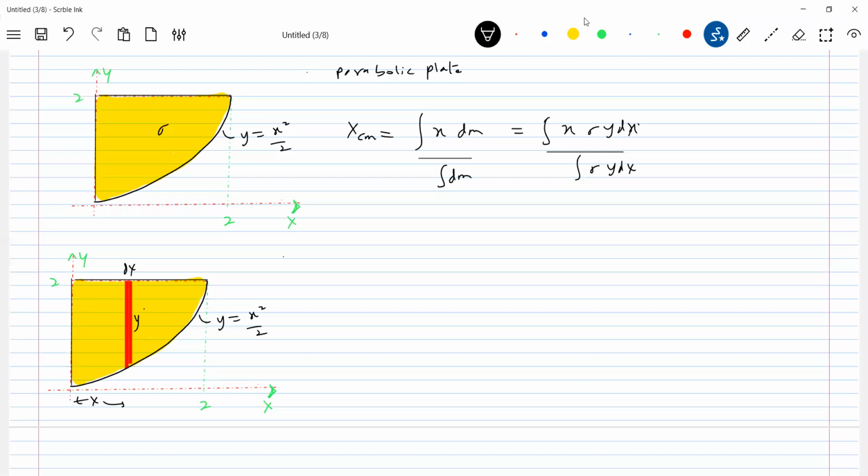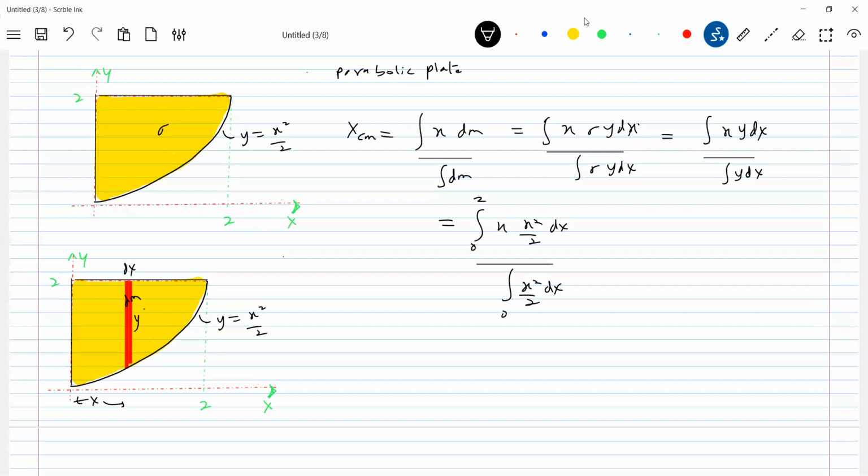Mass of the strip, let it be dm, sigma into y dx. So sigma will get eliminated. So x y dx over y dx. How is that surface governed? y equal to x square by 2. So x into y equal to x square by 2 dx.